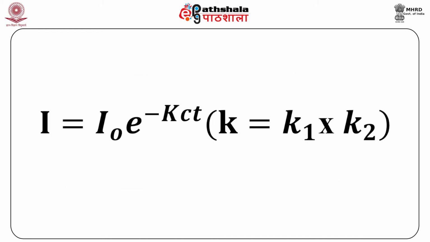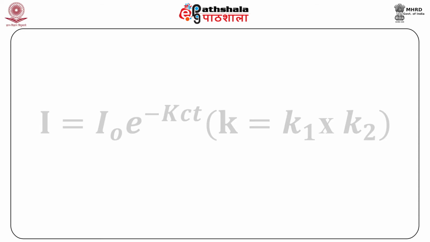This can be written in the form of an equation where I is equal to I naught e raised to the power minus kct, where k is the multiplication of k1 and k2.